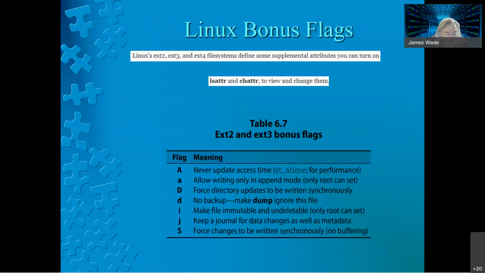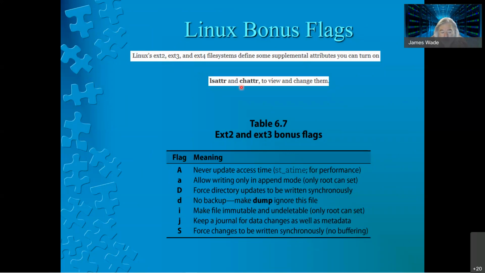So Linux uses, depending on the version, ext4 today, but you might find some old versions using ext2 or 3. There are additional attributes, and you can use lsattr or chattr to view and change them.